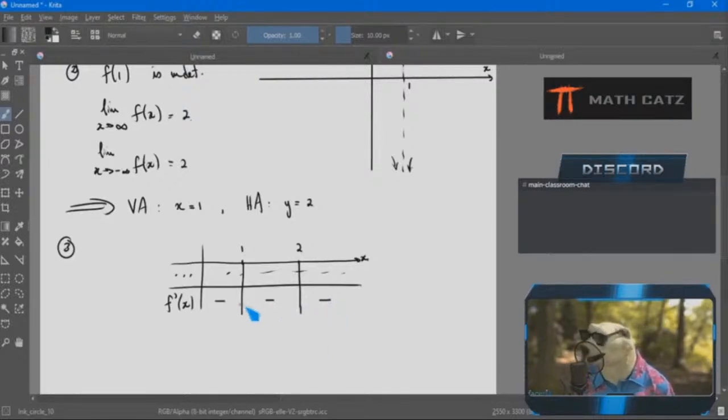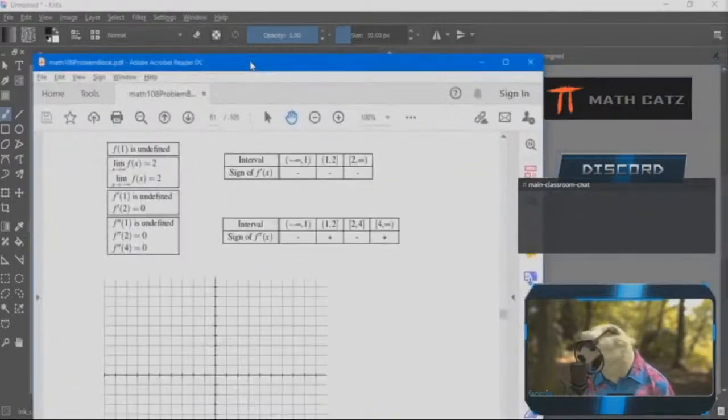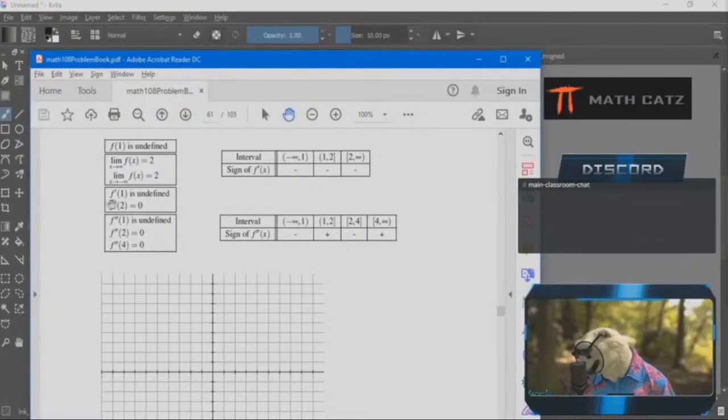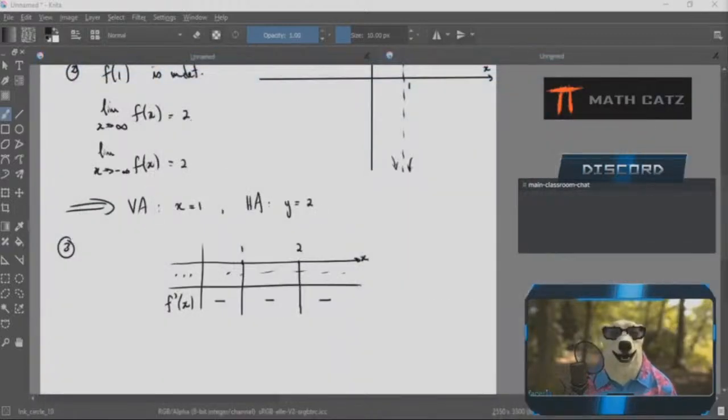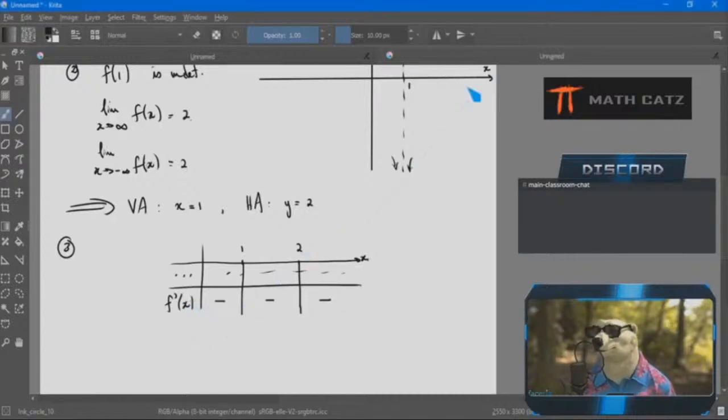I also want to know what happens at those x values, right? So that's where they give me this middle box. The derivative at 1 is undefined. Derivative at 2 is 0. So I can put that right in my table. Derivative of 1, undefined.